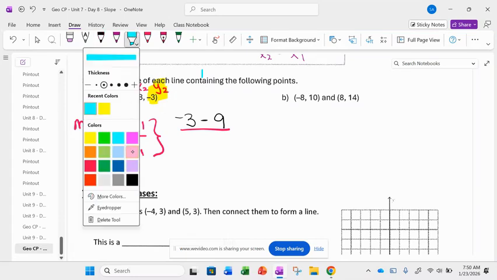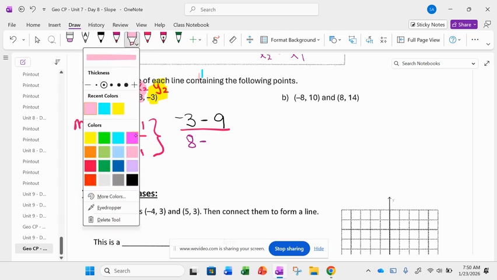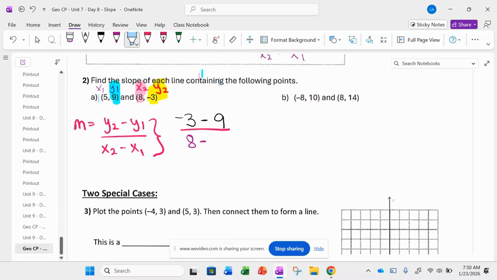And then in our denominator, we have x2. Do we agree 8 goes with x2? 8 minus x1. And 5 goes with x1. Any questions with why I have those numbers in the spots I put them?